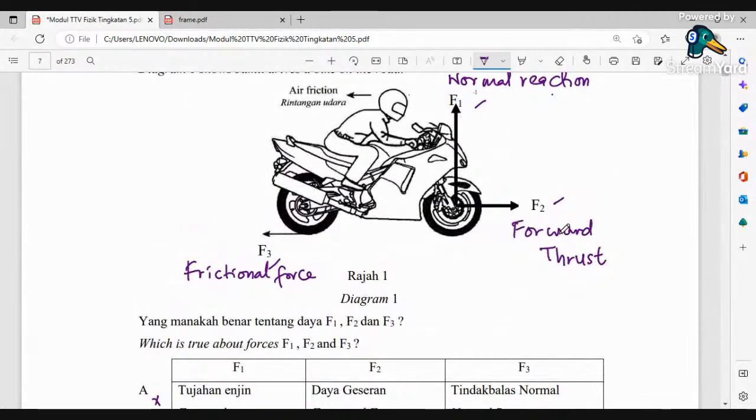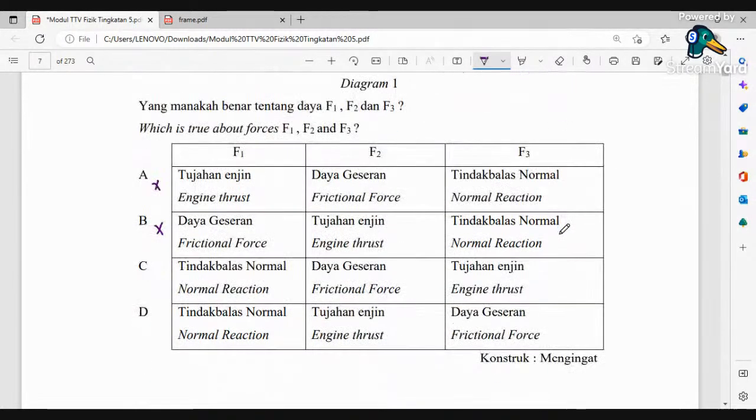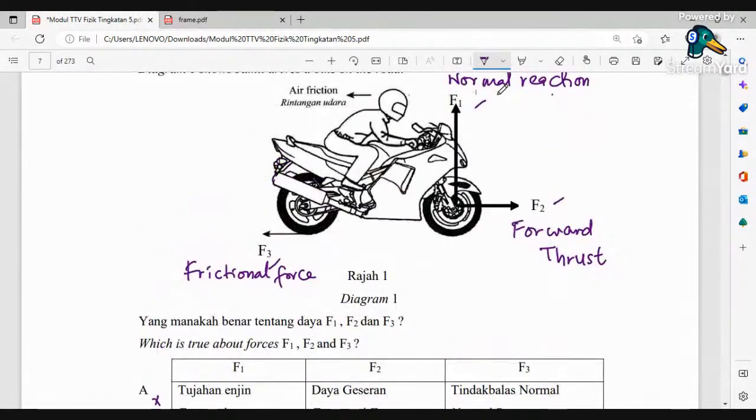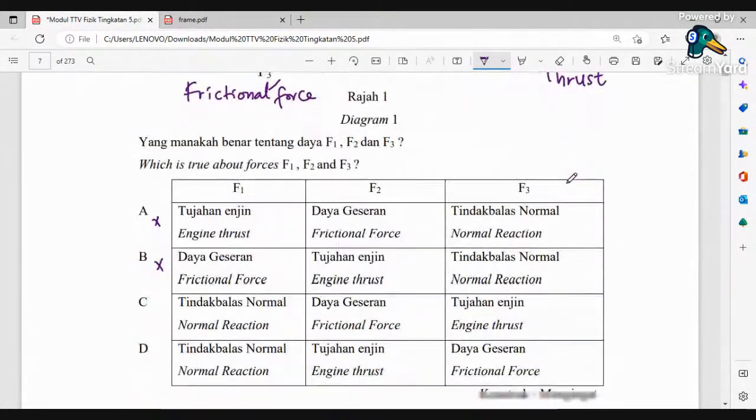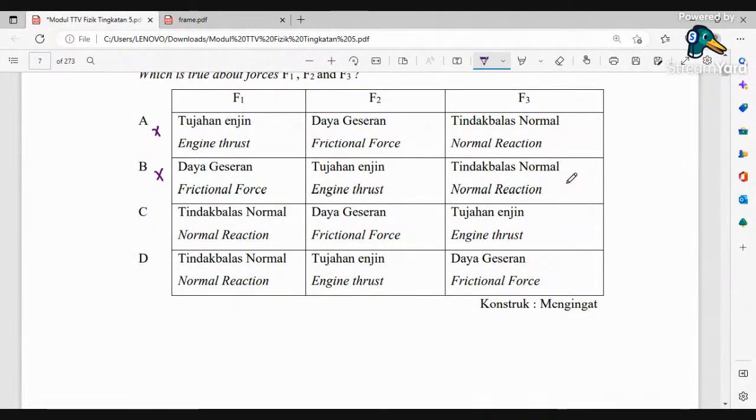Then F3, friction. So the answer is D, donkey.